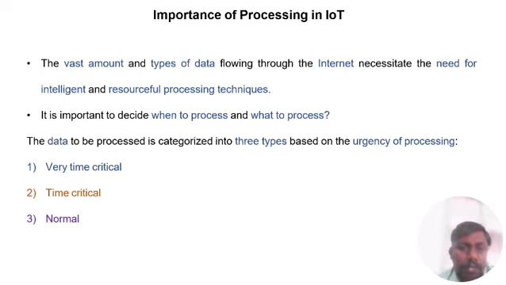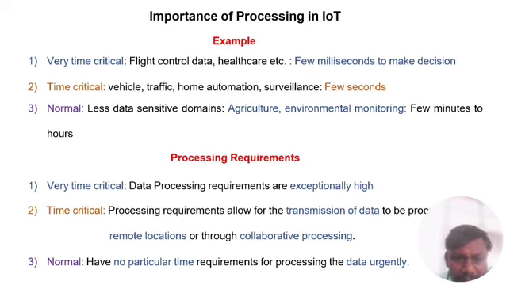So what is the importance of processing in IoT? Here we need to transfer data from one source to another, but when to transfer and what to transfer is a question. This data processing may be categorized into three: very time critical, time critical, and normal. Very time critical takes milliseconds or a few milliseconds to take decisions, like flight control data and healthcare.